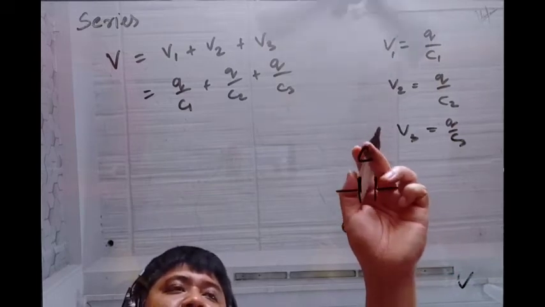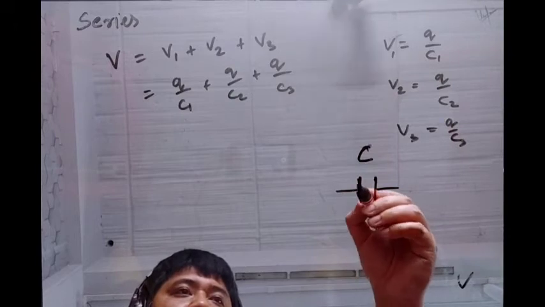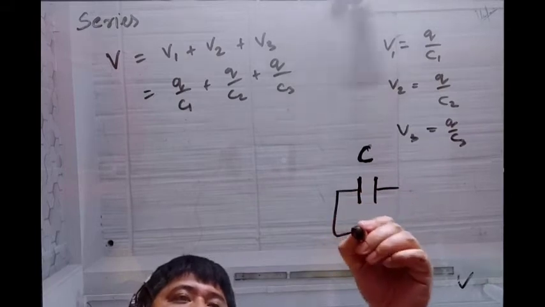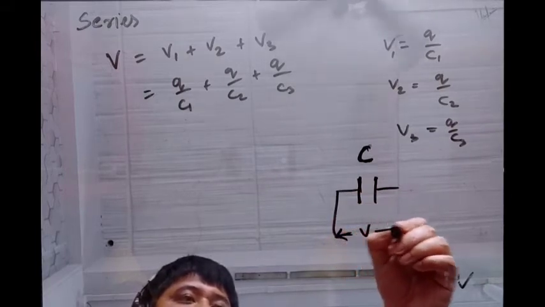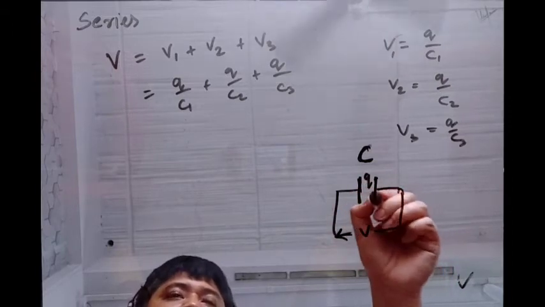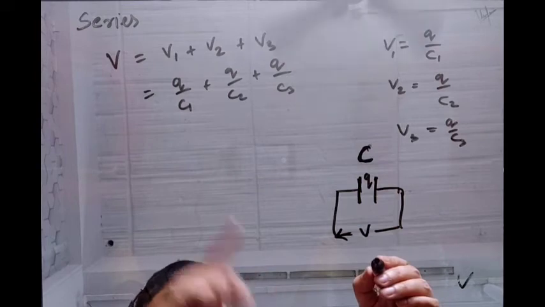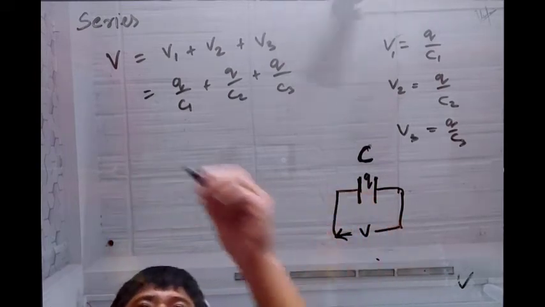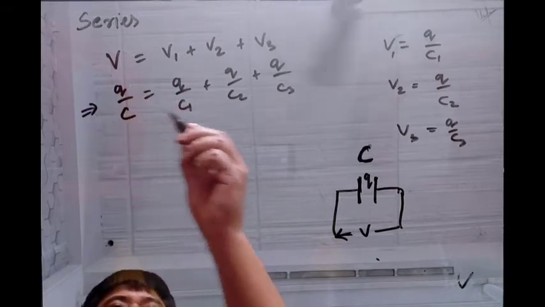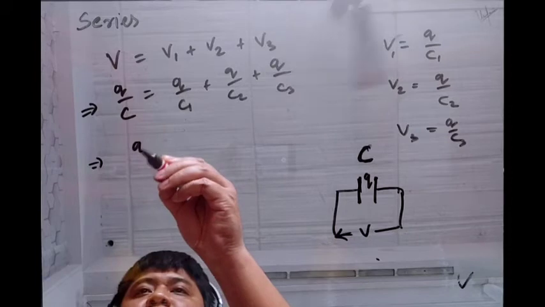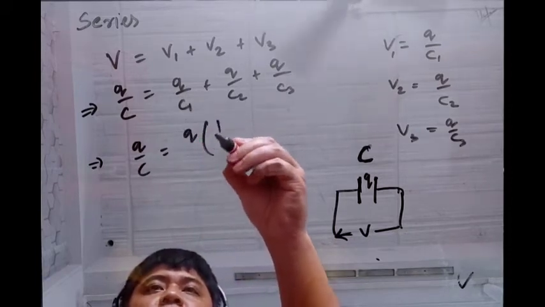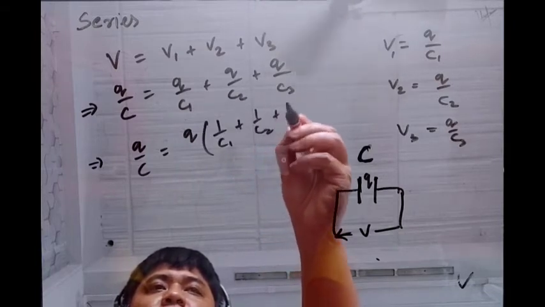Since we take C as the effective capacitance of the three capacitors, this is the equivalent capacitance of the combination, and it is connected through V. Here the charge is Q, so we have V equals Q by C. Then Q by C equals Q, let us take Q as common, 1 by C1 plus 1 by C2 plus 1 by C3.